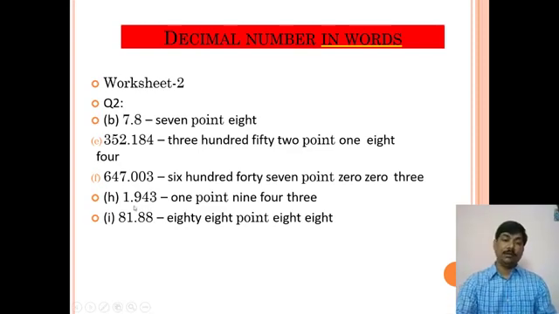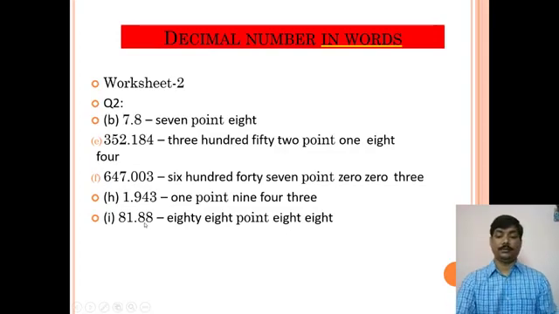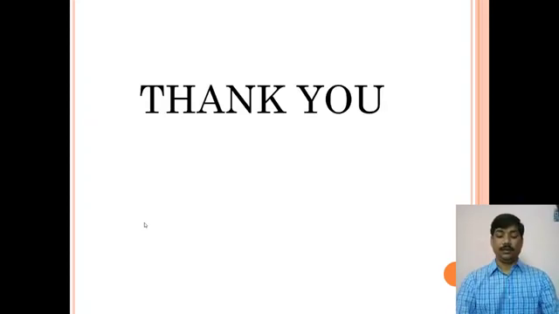So in this method, we read the digits after the decimal one by one. We read it as eighty-one point eight eight, not as eighty-one point eighty-eight. We cannot say eighty-one point eighty-eight. We say it as eighty-one point eight eight. Thank you.